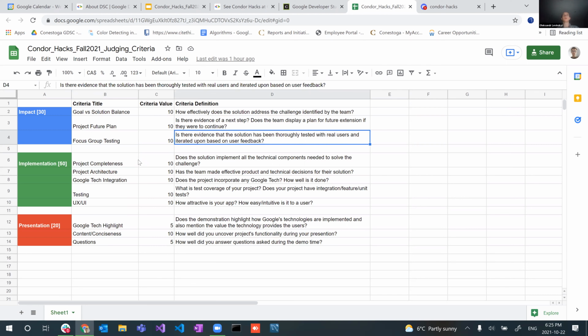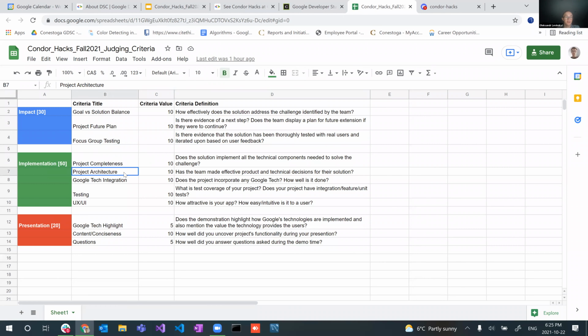For instance, if you're working on an app for students, then your focus group is students, and we want to see evidence that your project actually got tested by end users, in this case students.